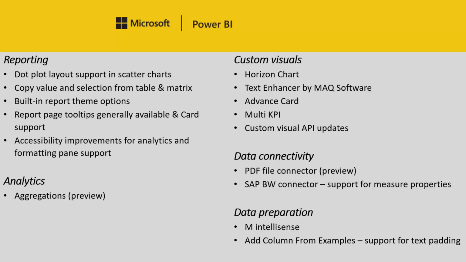Sometimes I just need to get that one little value out. And so for our table and matrix visual, we've added two new right-click options, one for copying a specific value and one for copying the selection you have in that table or matrix.